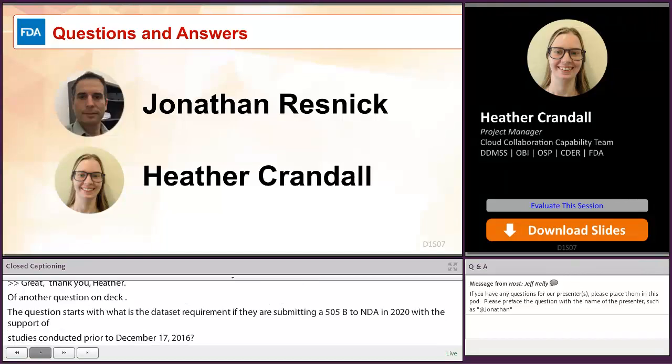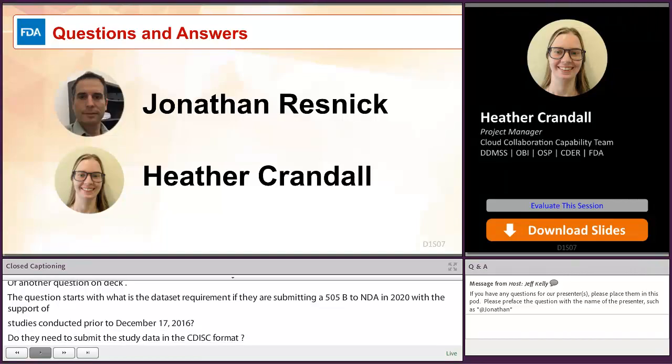So if this is an NDA, and I don't remember the types of NDAs covered under the study data guidance, but if this is one of those that is covered under the study data guidance, then for NDA, the study start date requirement is after December 17th, 2016.